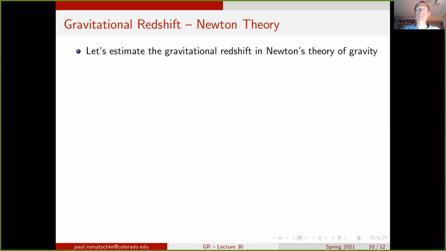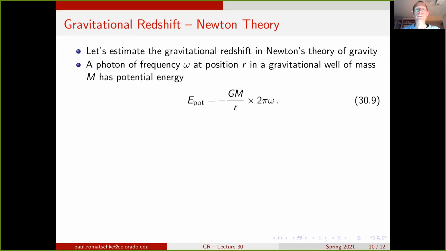We can do a calculation that is easy to understand that just involves energy conservation in Newtonian theory of gravity. To this end, let's consider a photon with frequency omega at a position R in a gravitational well. Then the gravitational potential is GM over R. So the potential energy of the photon in the gravitational well at a location R is given by minus the potential times the mass of the photon, and the mass of the photon, of course, is related to its energy via 2 pi omega.